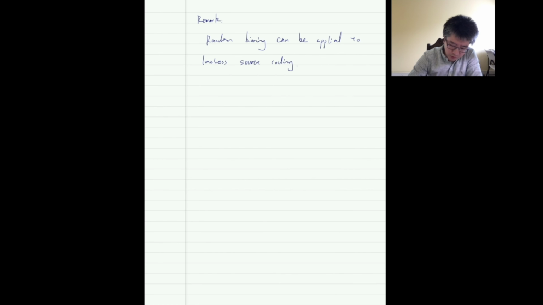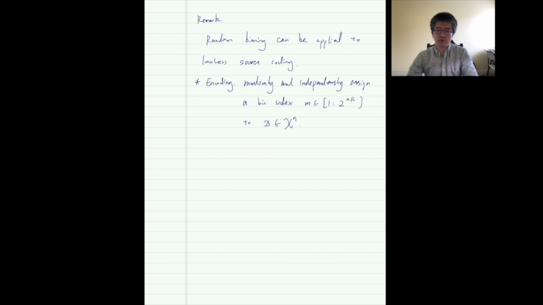So the encoding part is we randomly and independently assign a bin index, let's say m, that is from 1 to 2 to the power of nR, to a source sequence x in X to the power of n.